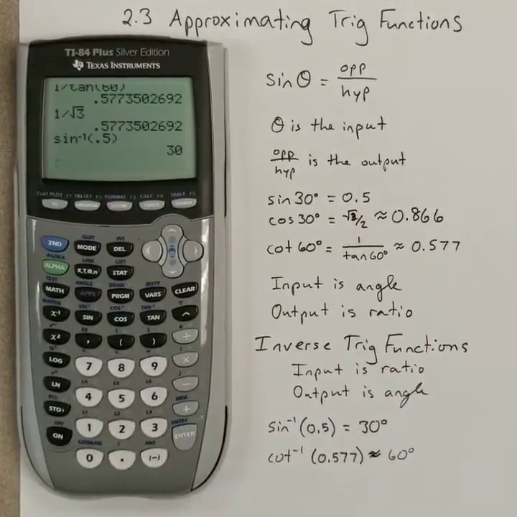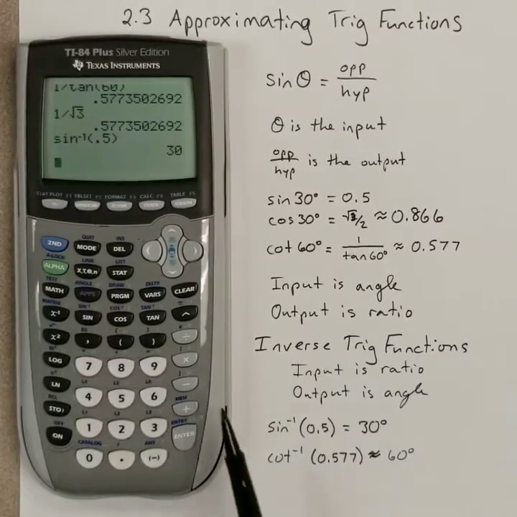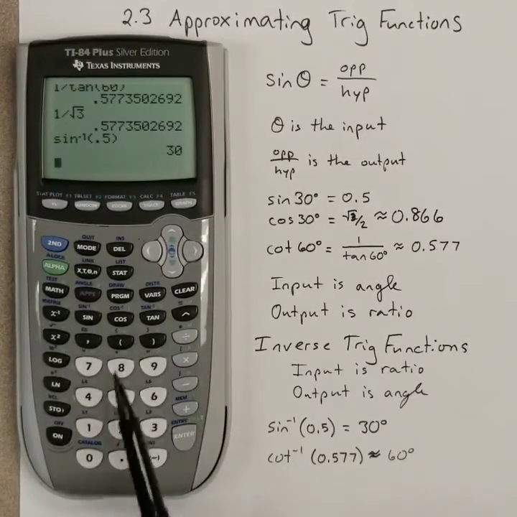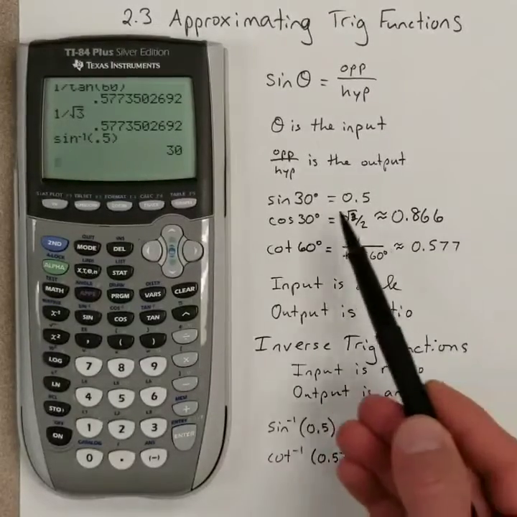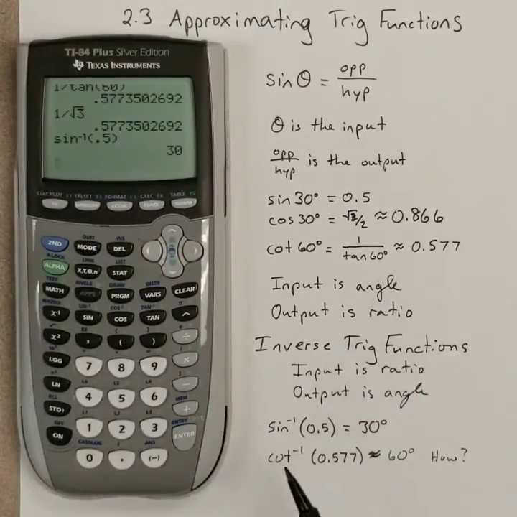The problem is, I don't actually have a cotangent button on here, nor do I have an inverse cotangent. And so I can't immediately get that answer. So the question is, how would I get that? If I didn't already know this line, if I was doing this from scratch and I wanted to calculate the left side, how would I get that 60-degree answer?